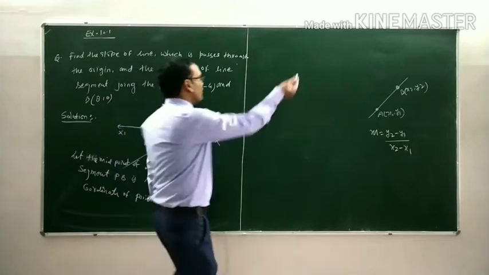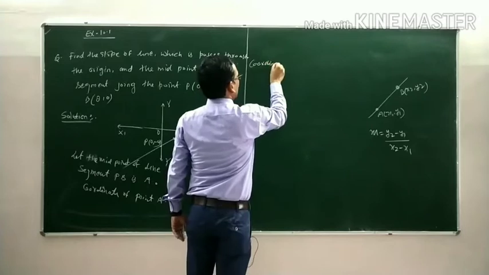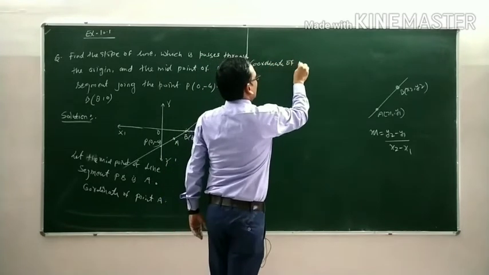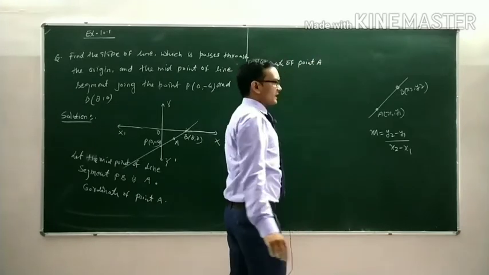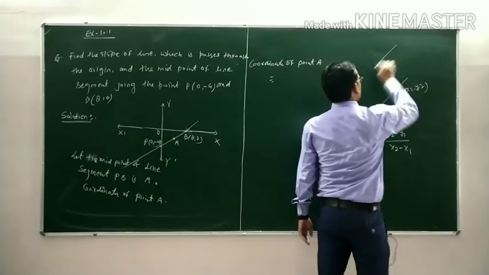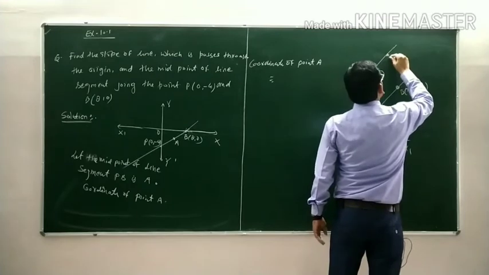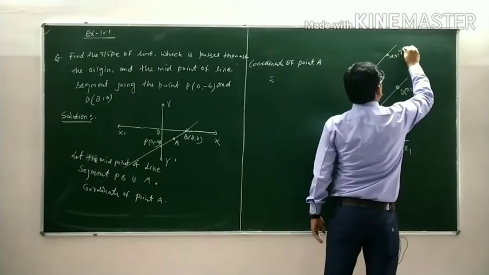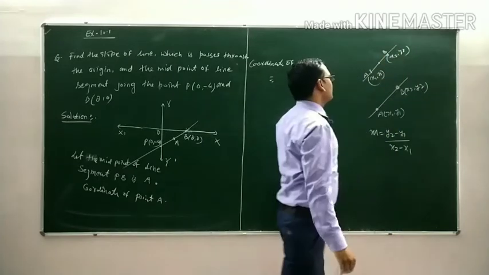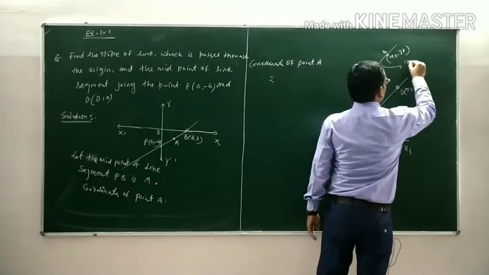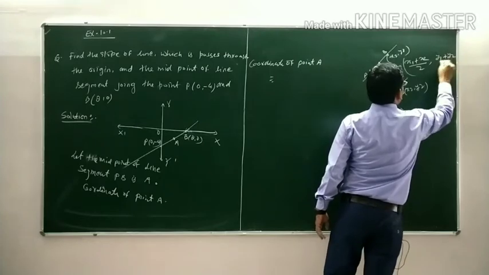The coordinate of point A is found using a formula. If there are 2 points (x1, y1) and (x2, y2), then the coordinate of the midpoint of the line segment is ((x1 plus x2) by 2, (y1 plus y2) by 2).